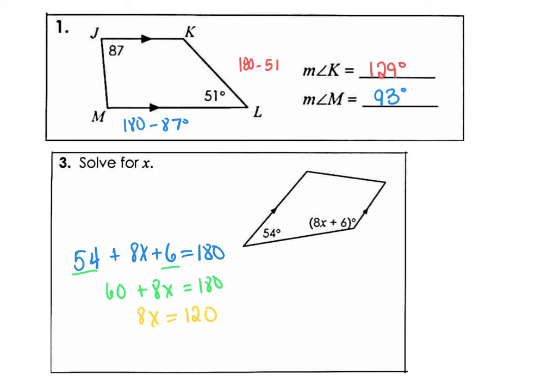And then we will divide by the 8. All right, so if they want us to solve for x here, we would just look at what we have and solve accordingly. If we know they're supplementary, we're going to set them equal to each other and solve, or set them equal to 180 and solve.